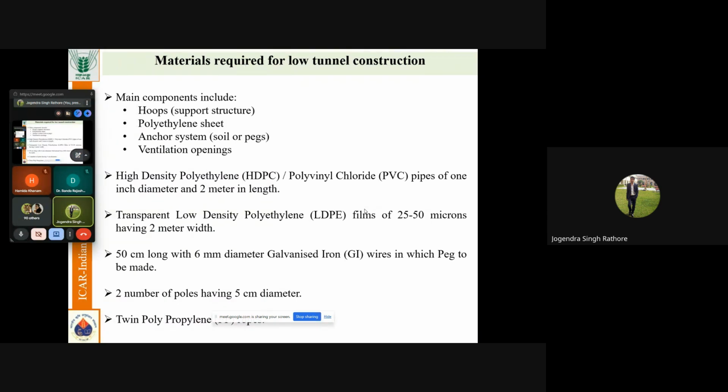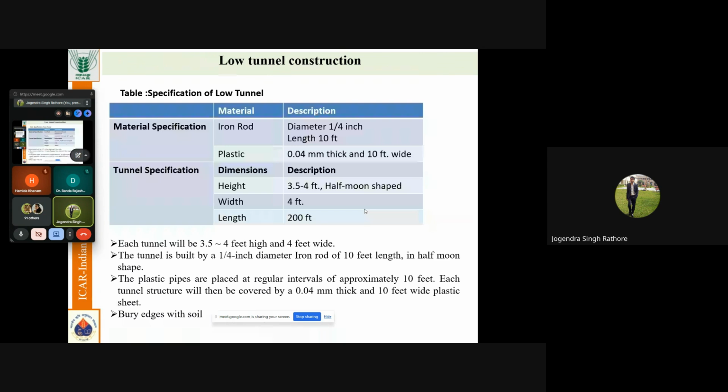We can go for 50 centimeter long GI pipes, which we can prepare for bags, with two holes having 5 centimeter diameter. So this is the process of how we go for low tunnel construction.